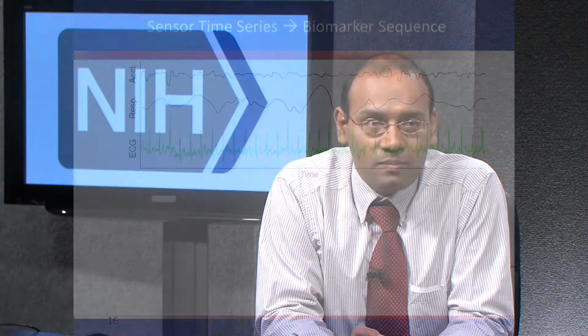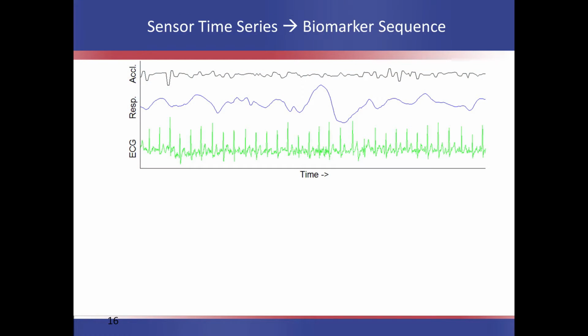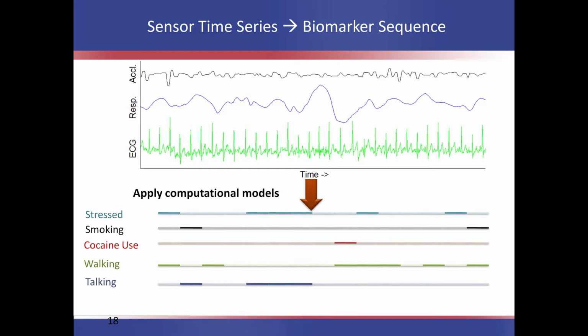about behavioral exposure. So when we get all of these sensors, what we get from them is a time series of sensor data. The time series of sensor data by itself is not very useful. To make it useful, we need to convert it into informative measurements. So we need to develop appropriate computational models, which we apply to this time series of measurements.